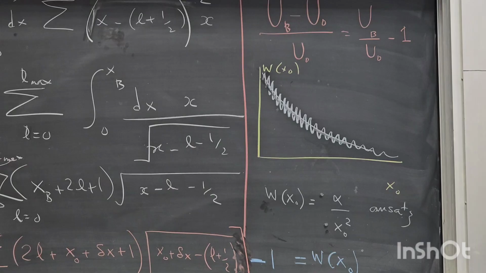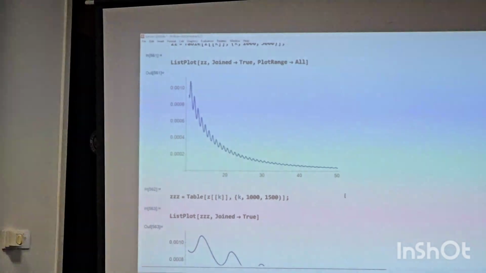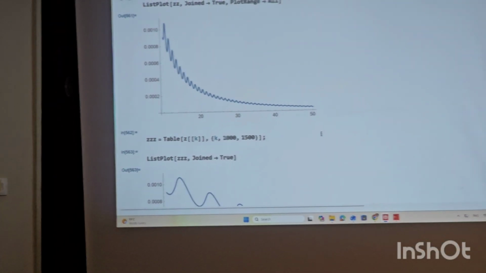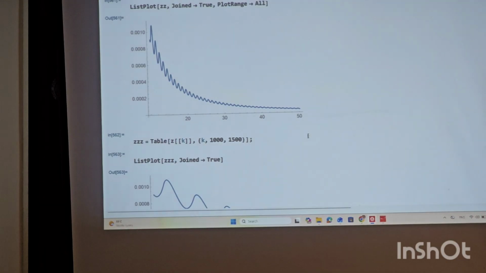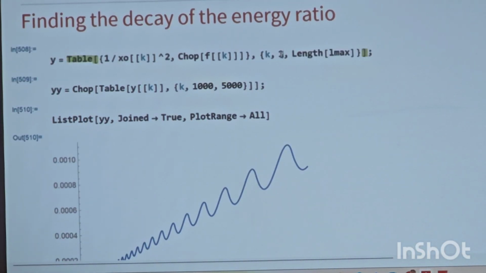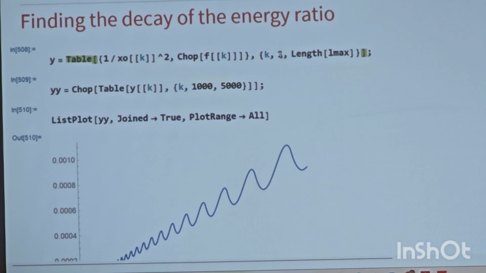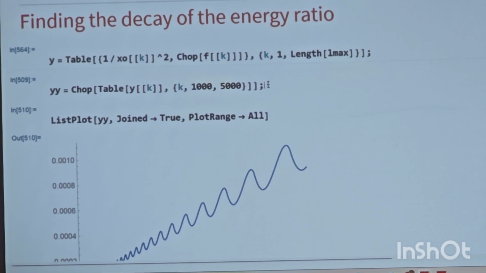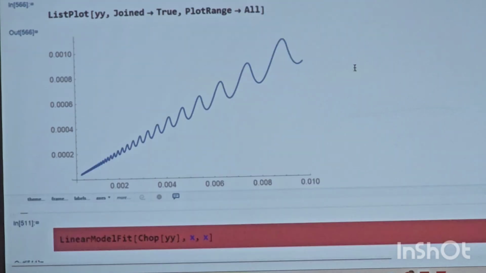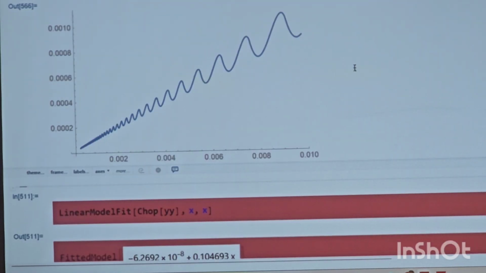So now the next step is I plot W with respect to 1 over x naught square, and indeed I do get a straight line.